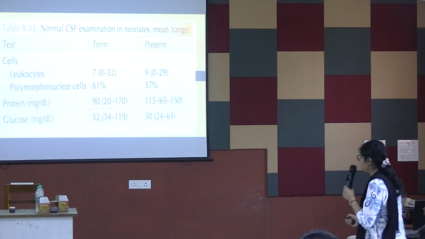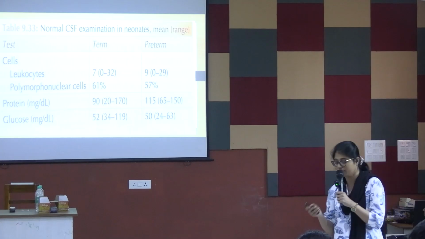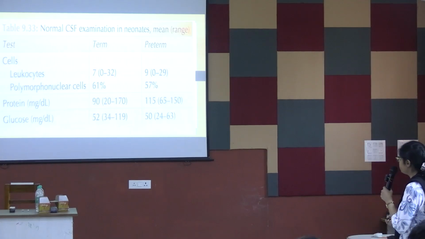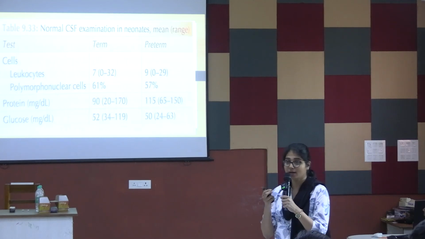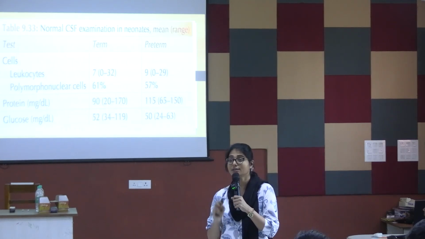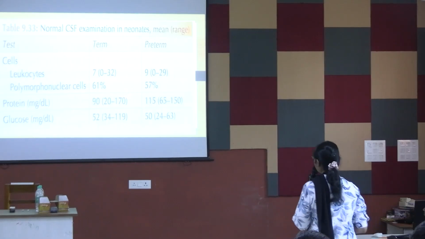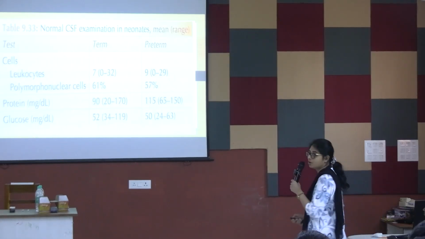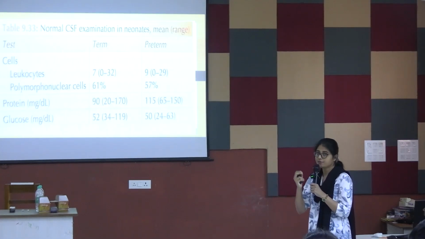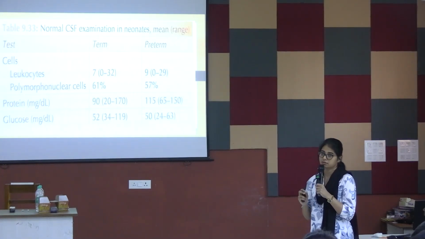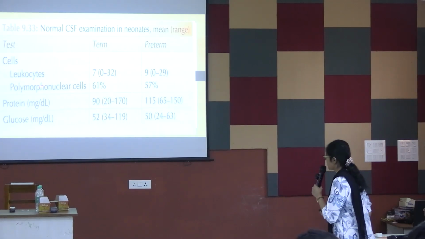Even a range is mentioned, 0 to 32, 0 to 29. In the pediatric or adult population, even a single neutrophil in the CSF is considered abnormal. But here, even 61% or 57% polymorphonuclear cells are normal. So interpreting the CSF report of a newborn is different from the pediatric or adult population.